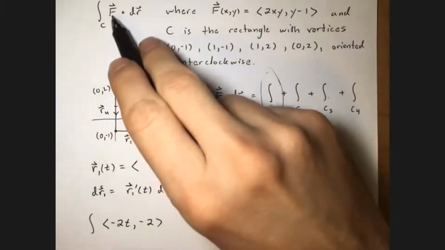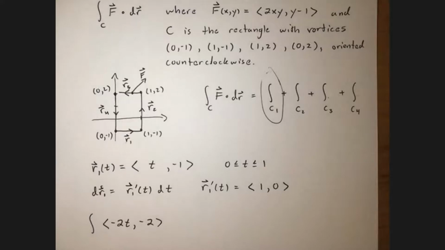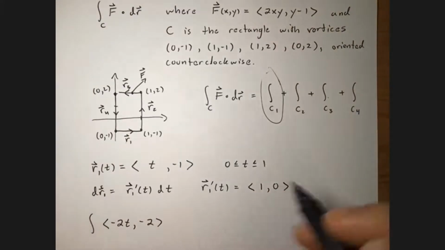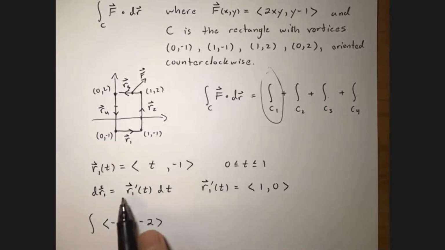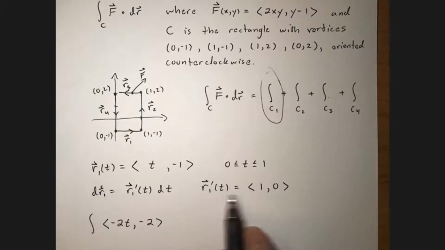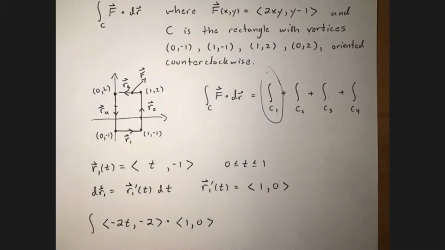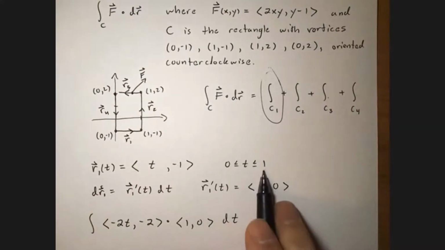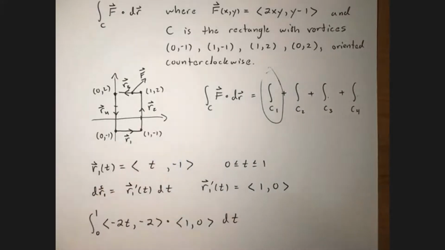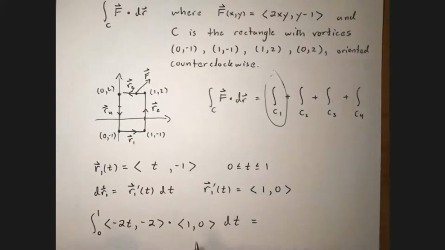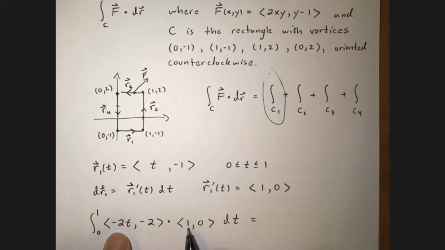That's F, my vector field. Then I'm going to dot it with dr. dr is r prime of t dt, and r prime is this. So I'm going to dot it with 1, 0 dt. And what does t range from? It goes from 0 to 1. So let's see what I get here. Well, the dot product just becomes -2t.